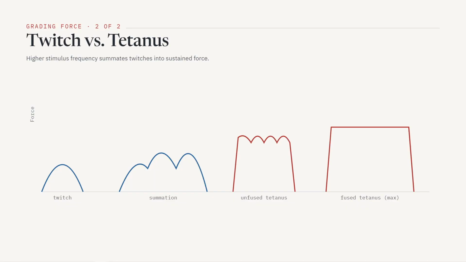Push the frequency higher still, and the individual twitches fuse completely into a smooth, maximal, sustained contraction, fused tetanus. This is the strongest force a single fiber can produce. So between recruiting more motor units and firing them faster, the nervous system has 2 independent dials for setting exactly how much force a muscle delivers.